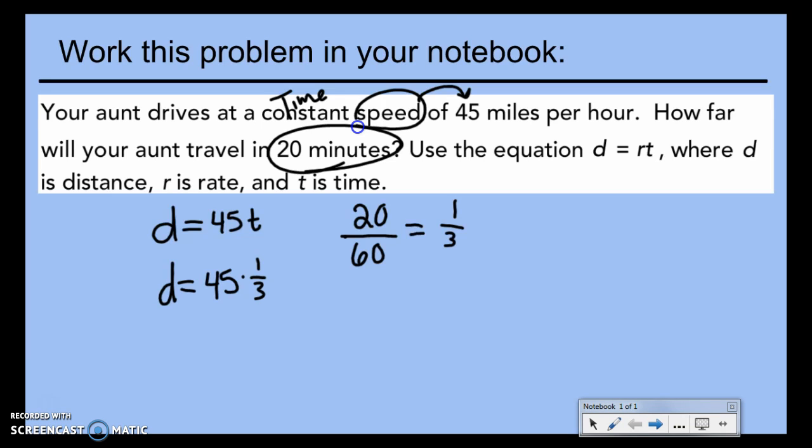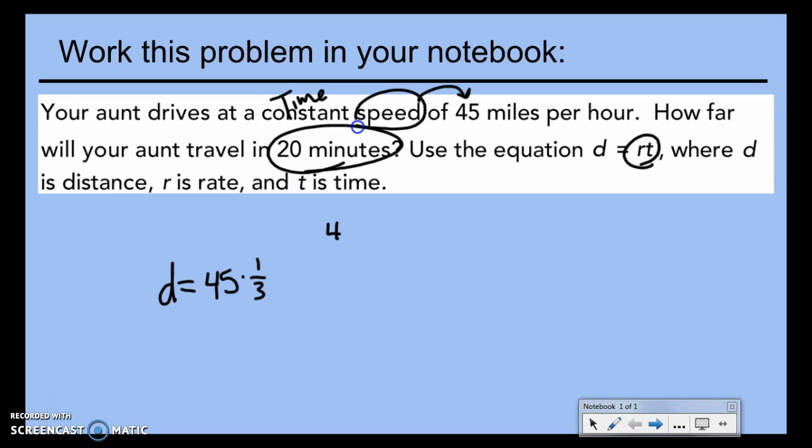Now remember, whenever you have two variables side by side like RT, it means you're going to be multiplying. So right now, we have D equals 45 times 1/3. Well, we know from the past, whenever you have a whole number multiplied times a fraction, you just replace your whole number with that unit.